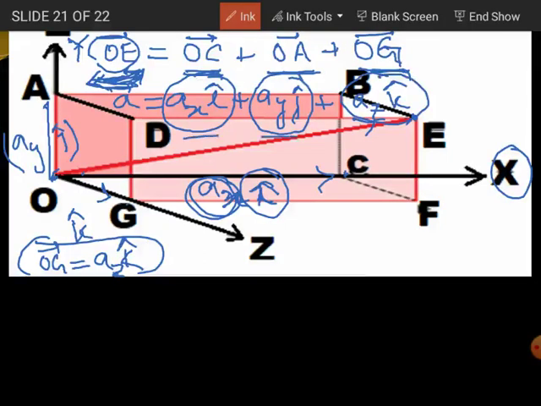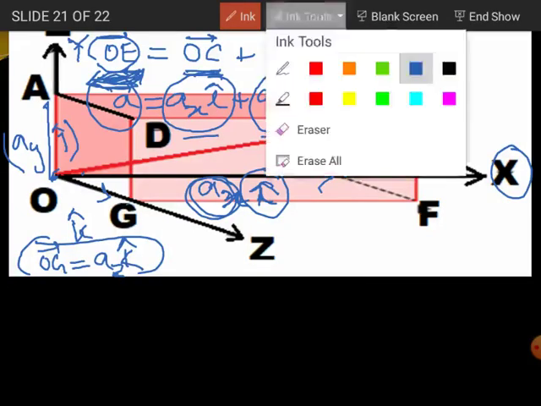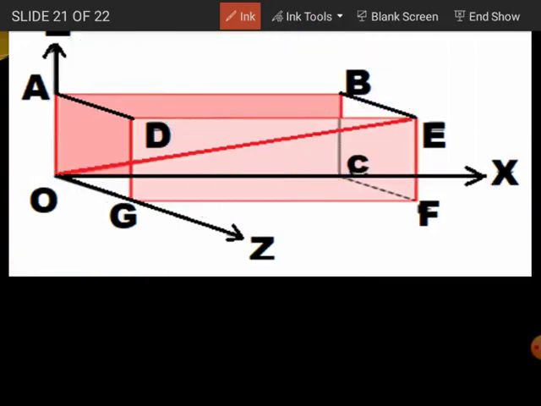The sum of these three components will give you the given vector A. So if a vector is given and you can draw the x-axis, y-axis, z-axis, and construct a cuboid with the body diagonal as the given vector, then the length will give you one of the components, the breadth will give you one of the components, and the height of that cuboid will give you one of the components.